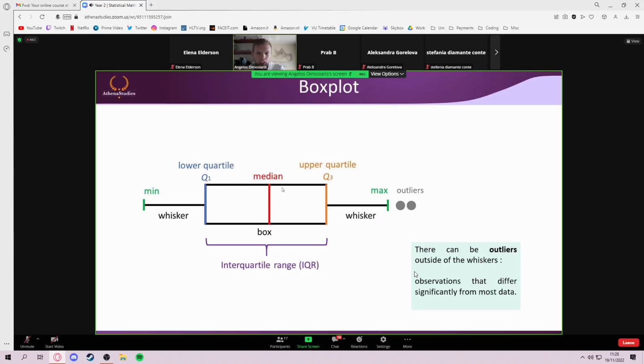So we have a box, and the median is about at the center of it. If your two whiskers have about the same length, and the median is at the middle of your box, then you have normally distributed data, a normal distribution variable.